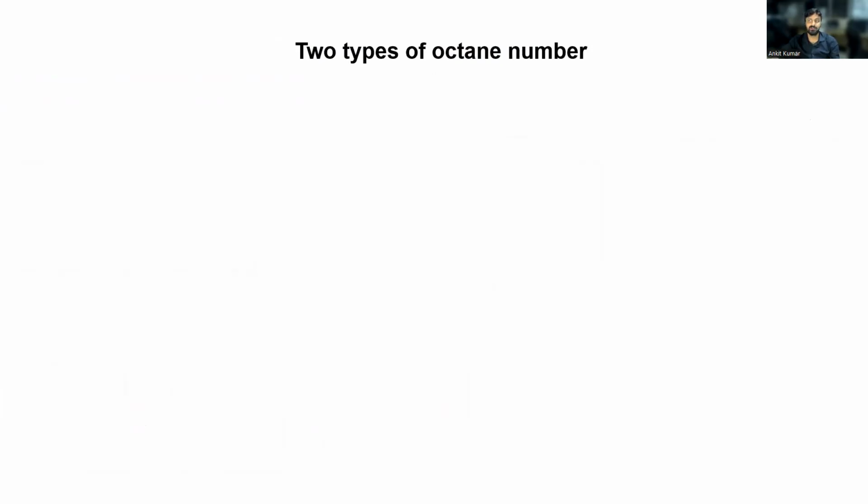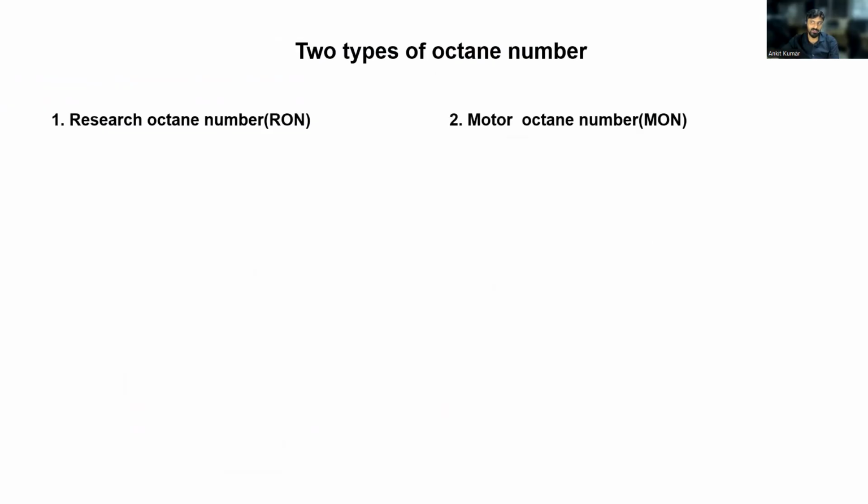There are two definitions of the octane number: the research octane number, called RON, and the motor octane number, called MON. The research octane number is measured at a light load, that is low engine speed and mild conditions.